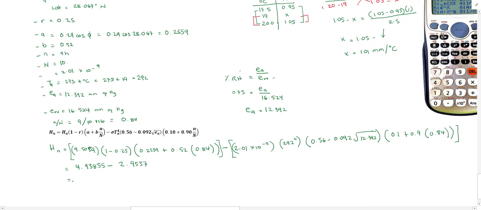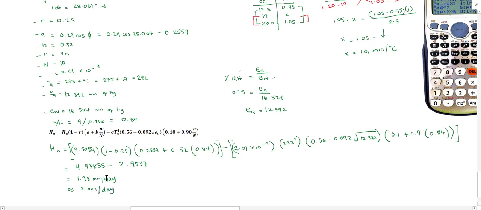This is equal to 1.98 mm per day. Pero if i-try ninyo ni class nga dili mo mag round off, tuloy-tuloy lang ang pag-solve ani sa calculator, then you will come up with a result of 2 mm per day.